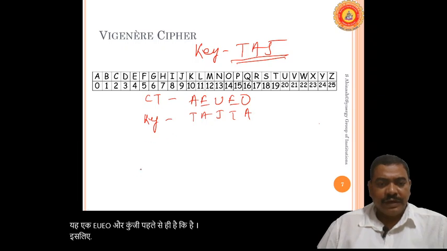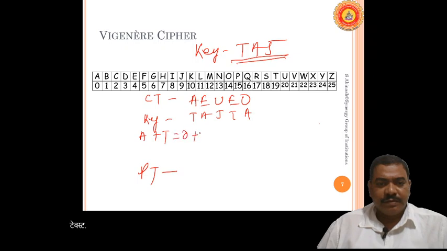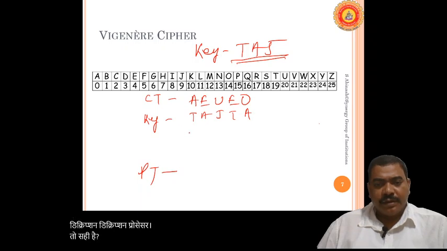You have to calculate the plaintext. So the process of decryption is: we have to write the ciphertext minus the key, mod 26.